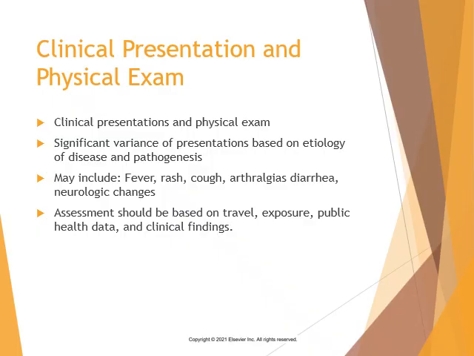Exposure, need to keep in mind the public health data and clinical findings. A good example of public health data is, if we have certain states that are having a higher incidence of COVID-19 Delta variant infections, it would be important to know if you have a patient, have they recently been to one of these states that is experiencing higher numbers?